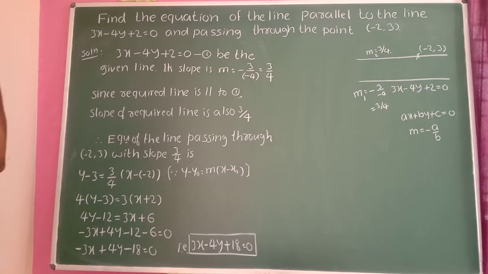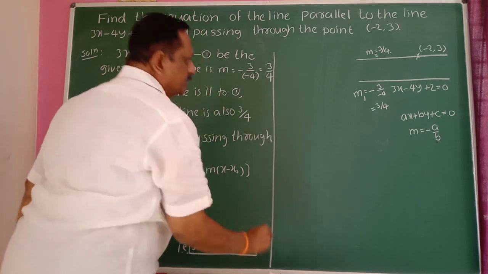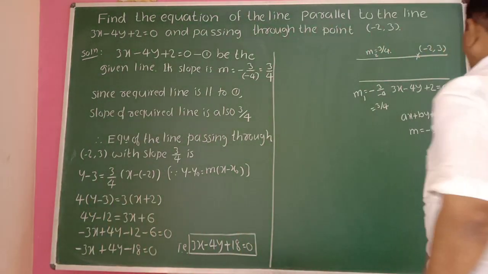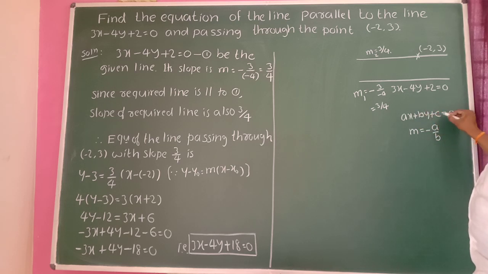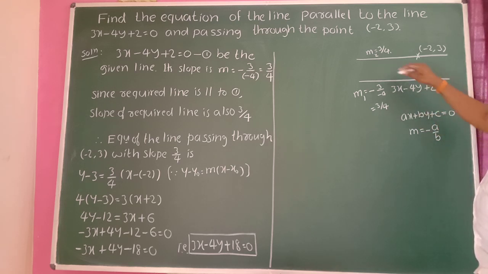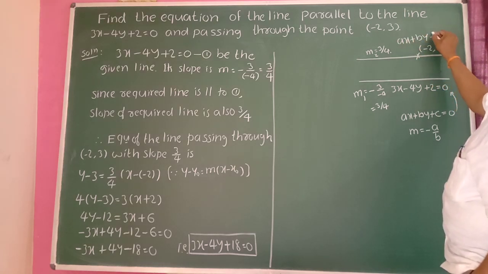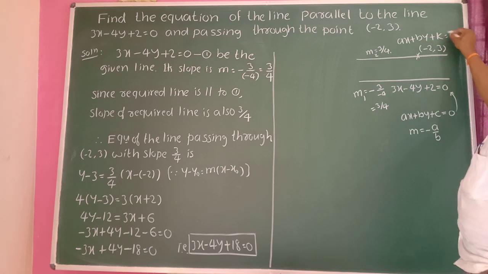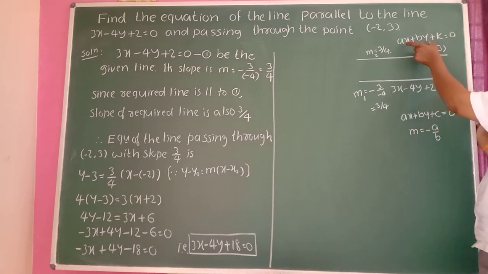You can use one more method here. Suppose the equation of this line is ax plus by plus c equal to 0. Then any line parallel to this line is of the form ax plus by plus k is equal to 0. If lines are parallel, then the x and y terms are the same; the only difference is in the constant k.